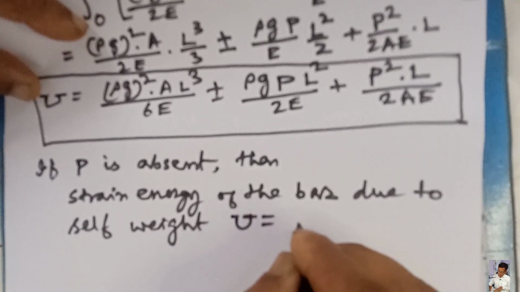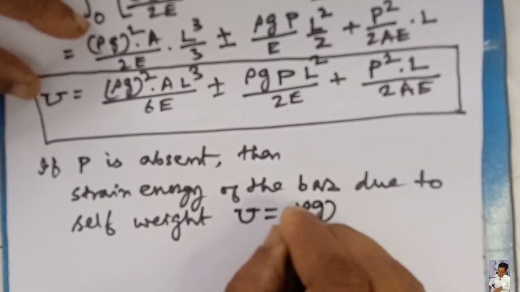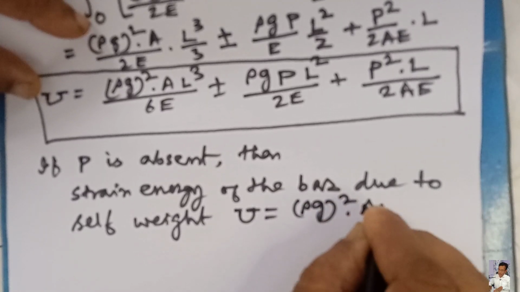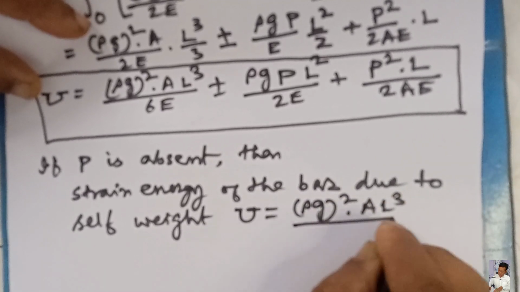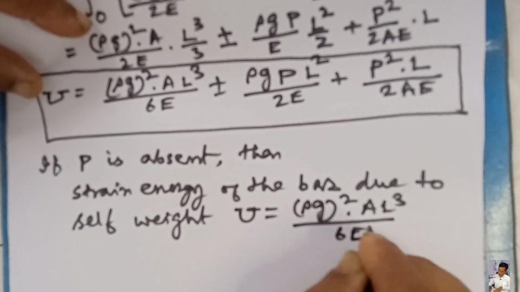U is equal to rho G square into A into L cube divided by 6E.